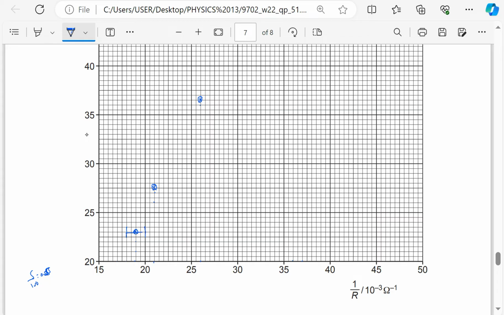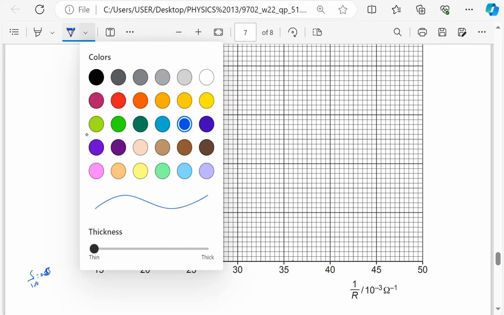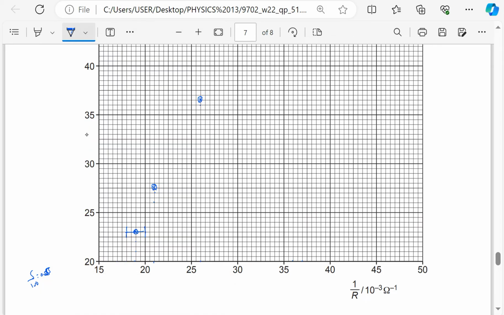And I draw a horizontal line. I'll increase the thickness slightly so that the error bars look nice. Please use a ruler for the error bars to make them look neat.